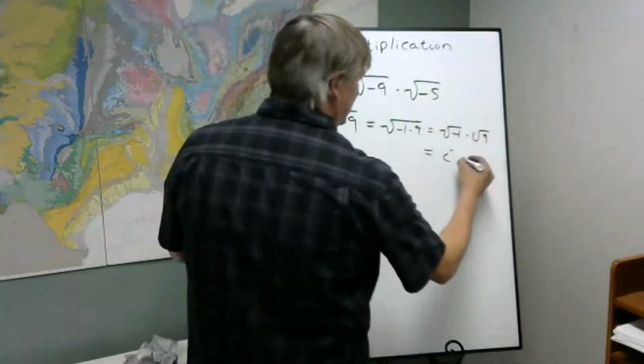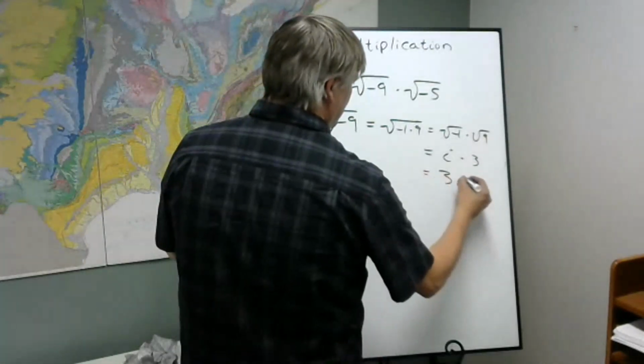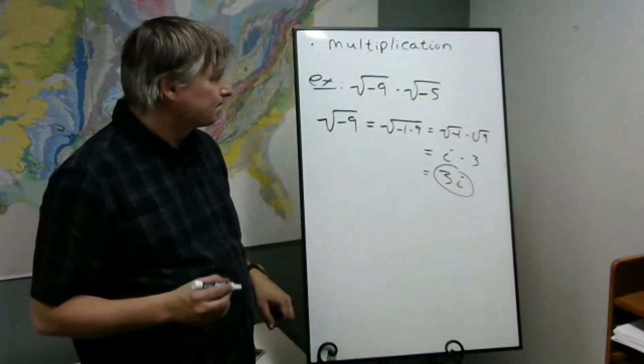Square root of 9 is 3, or 3i. We need to make this conversion first.